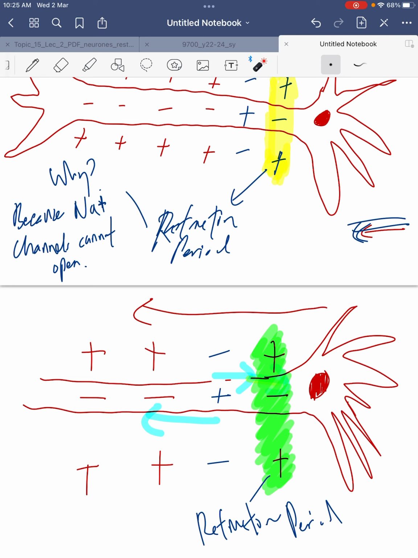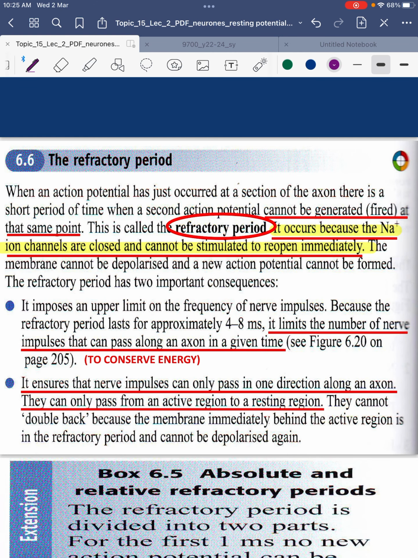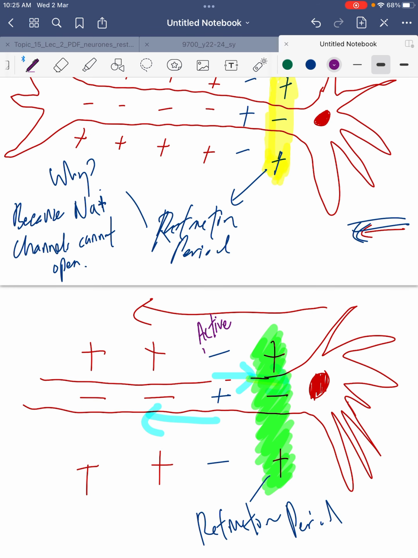This is what they call active. From an active region to a resting region. So that's the word that they use. So this is active region to resting region.